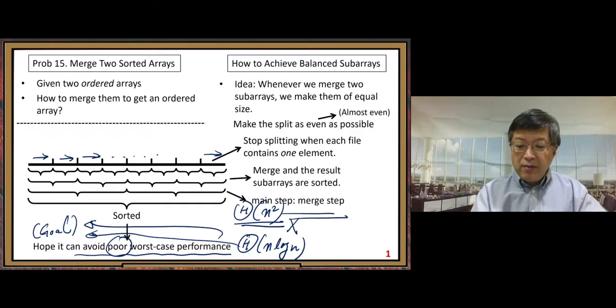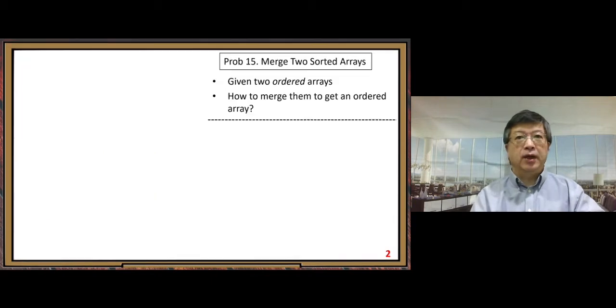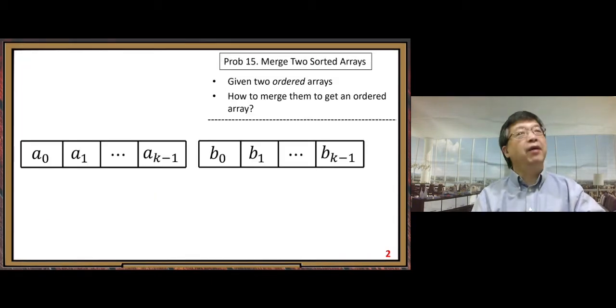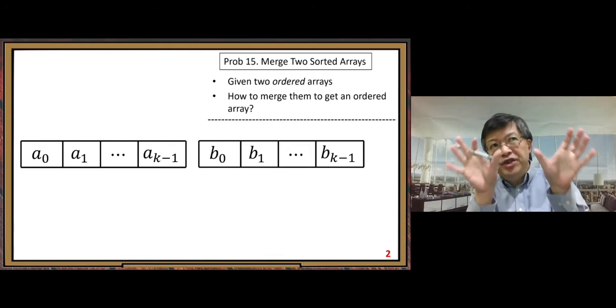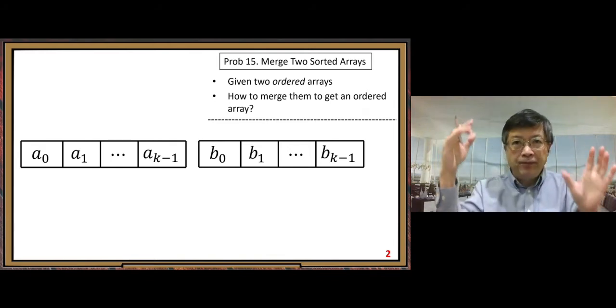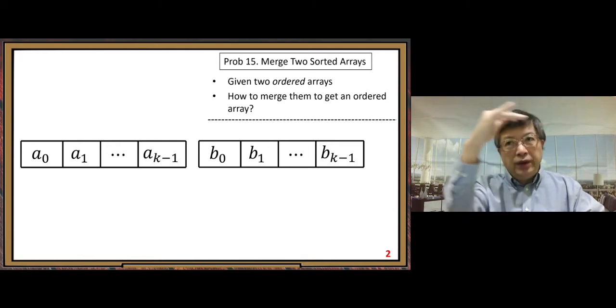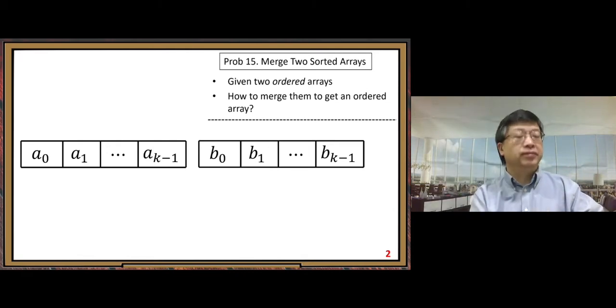We want to look at the main merge step in detail. Let me use the diagram. We want to merge these two subarrays, each one already sorted. When we do the merge, we need to use the ordered data information.